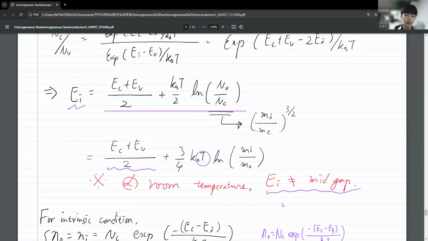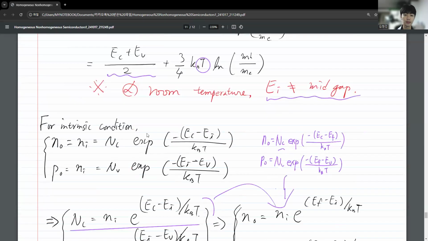Room temperature is 290 Kelvin. At 290 Kelvin, the intrinsic energy level is not exactly at midgap.